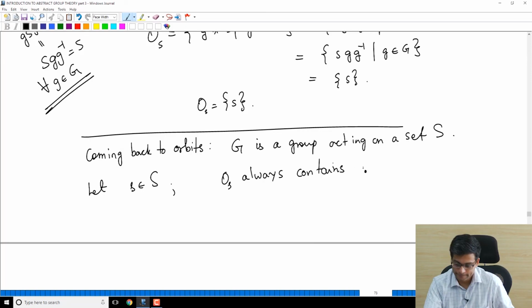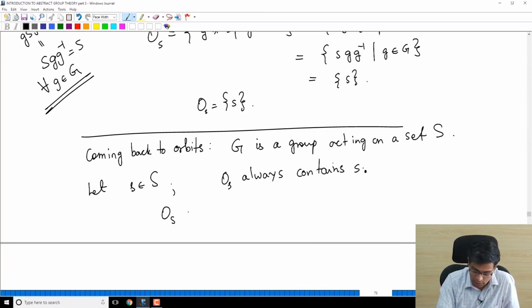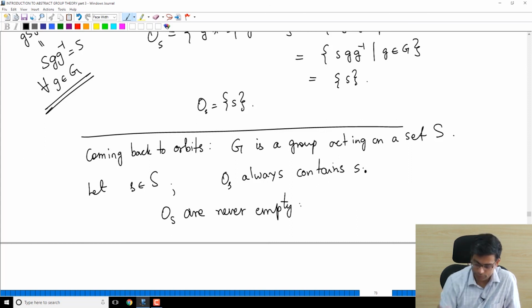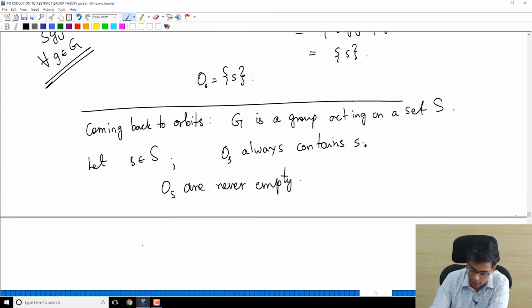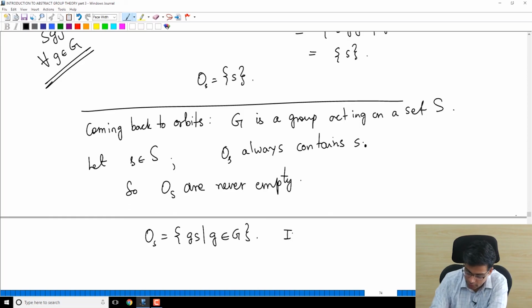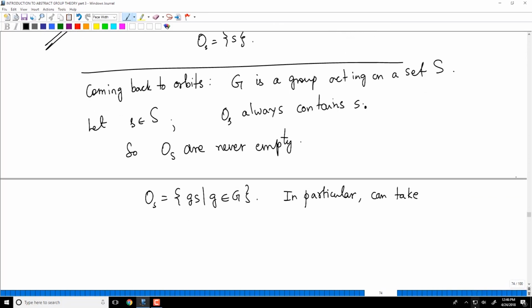So orbits are never empty, and they always contain the element. Why is this? Because remember, OS is GS as G varies. So in particular, we can take G in G to be E. So ES, which is S, always belongs to OS.